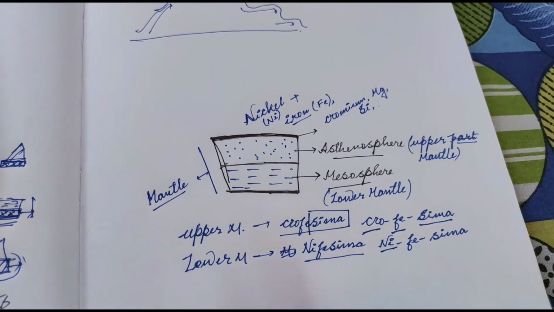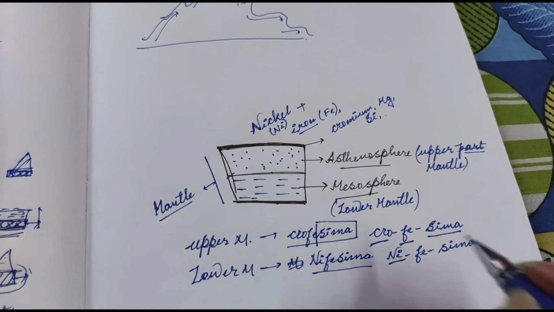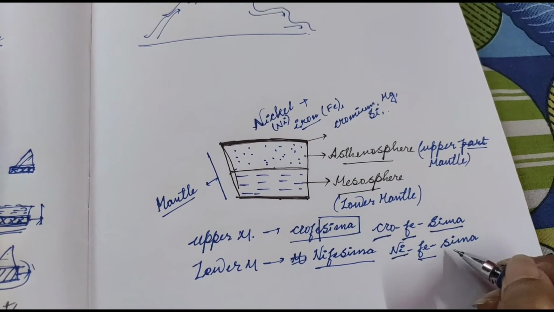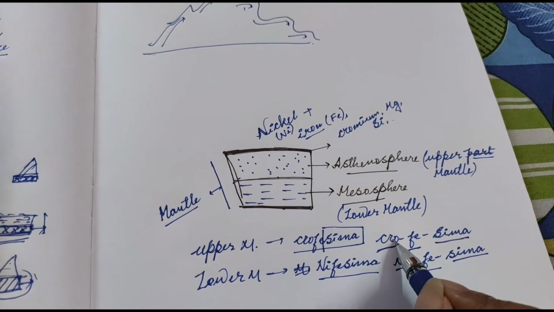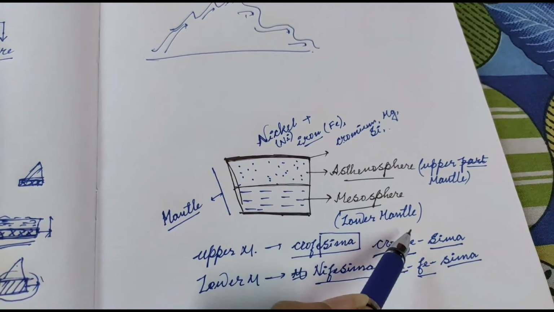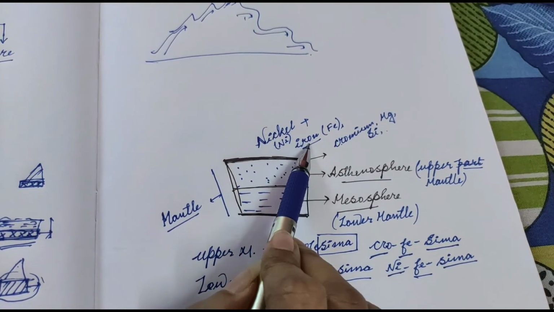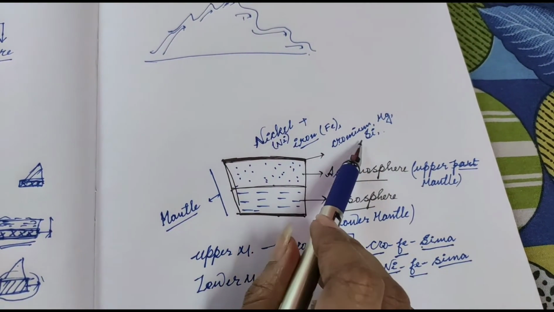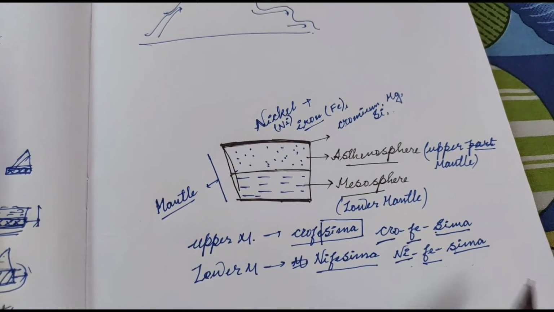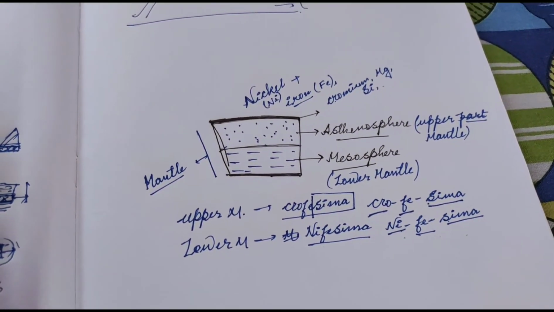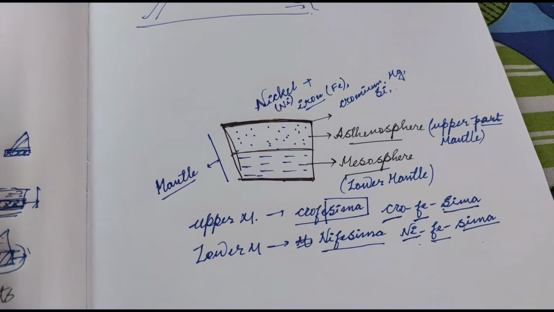In Nifesima, Ni is nickel, Fe is iron, and Sima is silicon and magnesium.